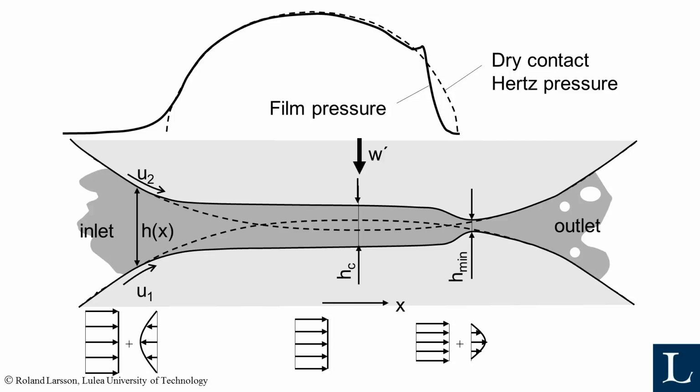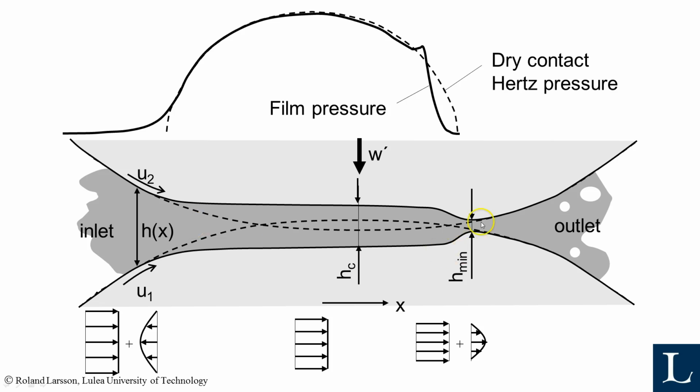You have actually two laws to obey in this case. It's the flow continuity and the force equilibrium, and they work together in such a way that the film profile is created in this way, and the gap is smaller in the outlet than in the inlet.